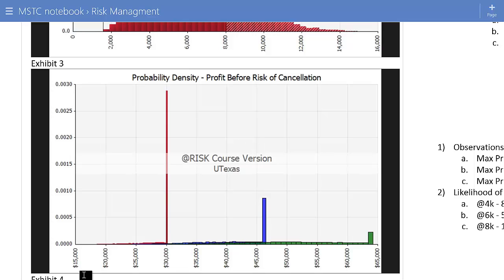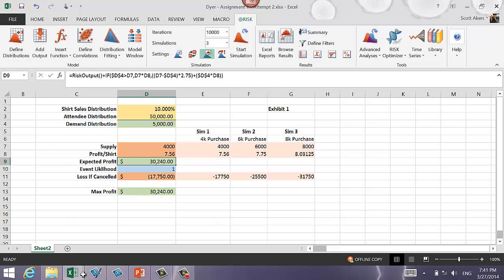So this also takes into account that super high probability is not necessarily that you've sold all 4,000 shirts, but that you may have sold 3,500 and then there's an additional 500 you sold back. So it's taking into account all of those. And so you're more likely to sell at 4,000 than the 8,000. That's what that's describing.